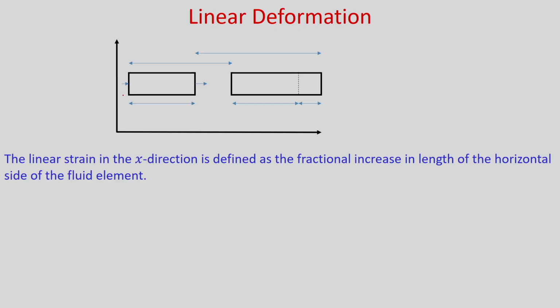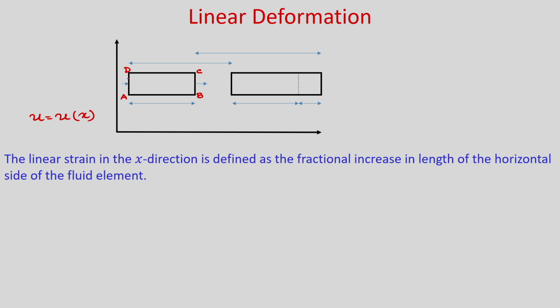So, first let us consider one fluid element where v is 0 and u is function of x only to simplify the problem. Let us consider this fluid element A, B, C and D, and in this case u is function of x only, right. So, u is velocity in the x direction.